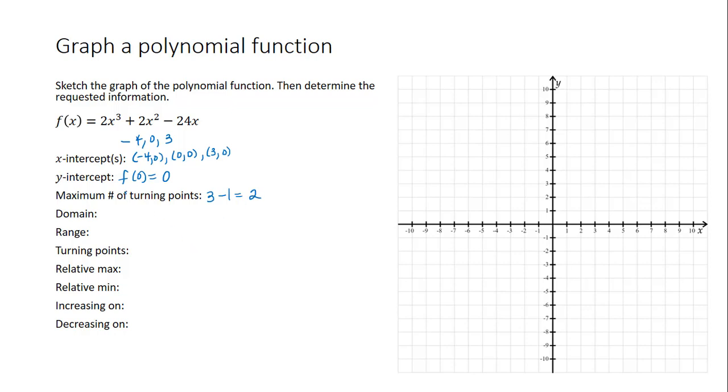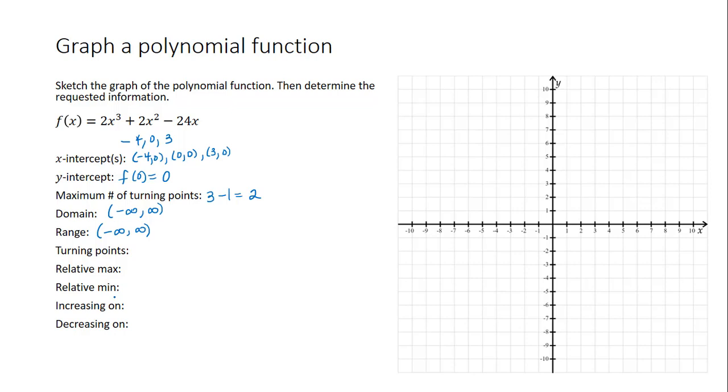Now the domain of a polynomial function is all real numbers, or negative infinity to infinity. The range does depend on what the degree is, but because the degree is odd, it's going to go up on one end and down on the other end. It's actually going to be all real numbers as well, and we'll see that in just a moment.